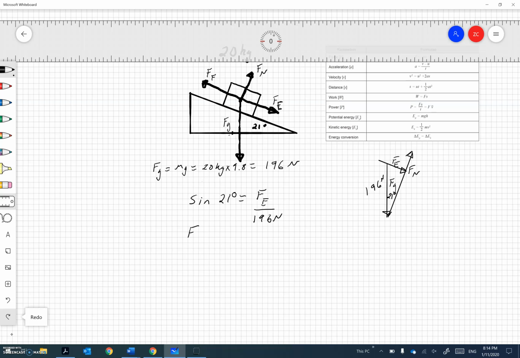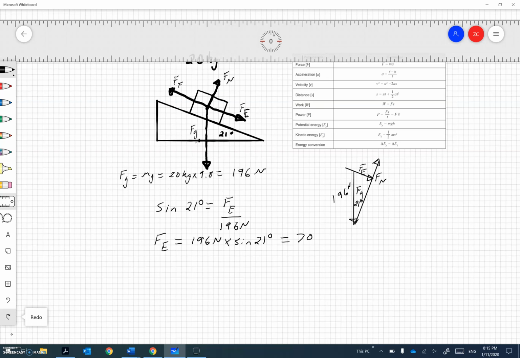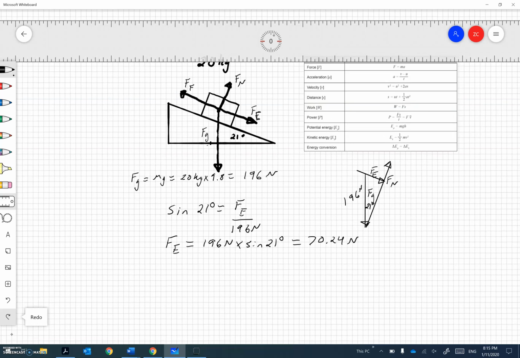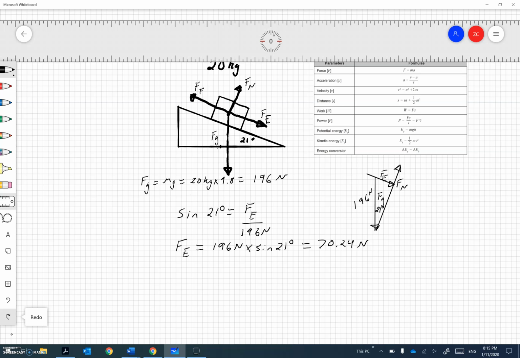So our force due to effort is equal to 196 newtons times the sine of 21 degrees, which is 70.24 newtons. So this box sliding down the slope is sliding down with a force of 70.24 newtons.